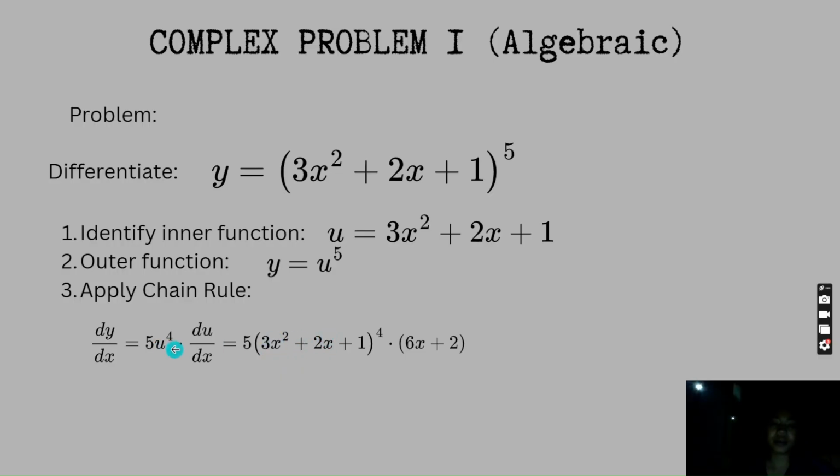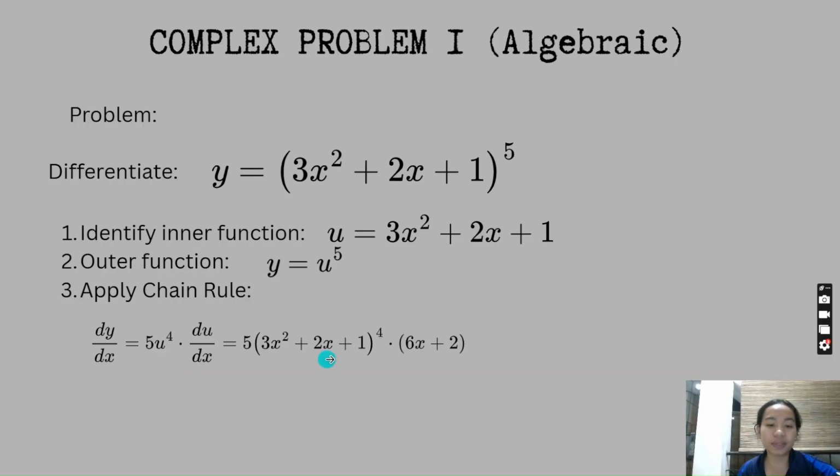Since our u is 3x squared plus 2x plus 1, it becomes 5 times the quantity 3x squared plus 2x plus 1 to the fourth, times the derivative of the inner function 3x squared plus 2x plus 1, which is 6x plus 2.